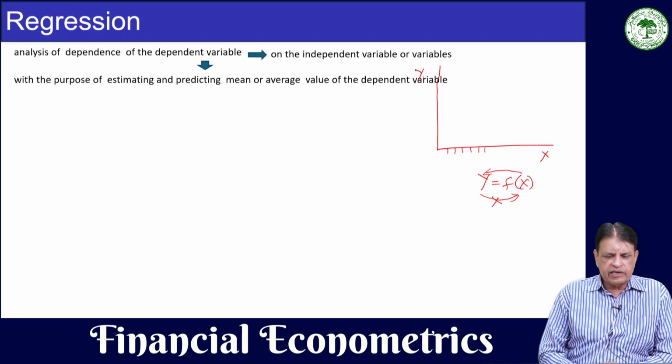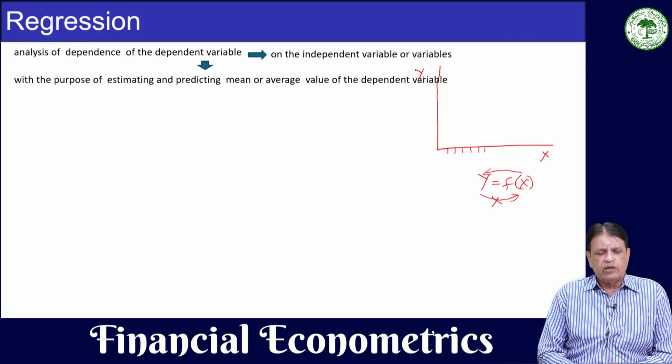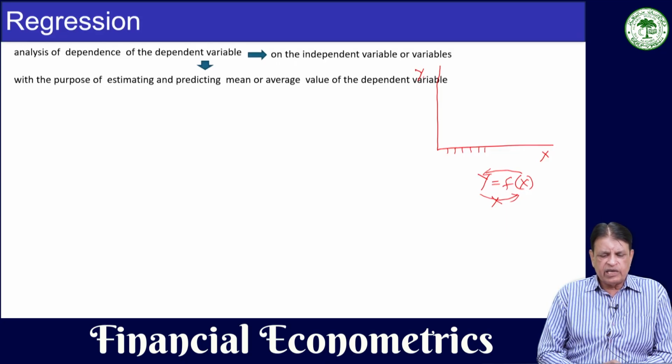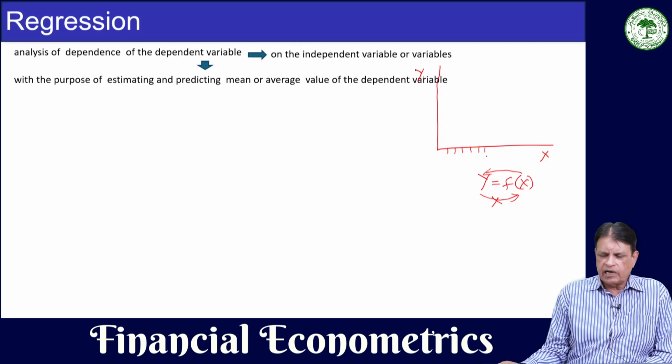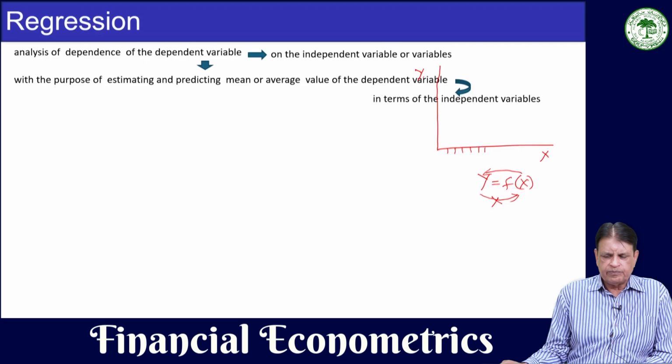Now this regression is carried out for estimating a relationship or for making prediction, and we find out the mean or average value of the dependent variable which can be associated with the independent variable.